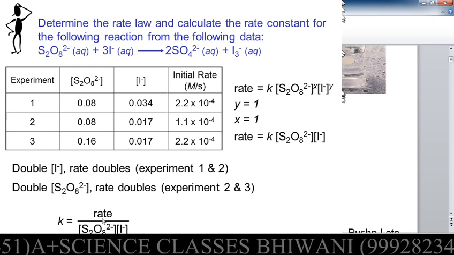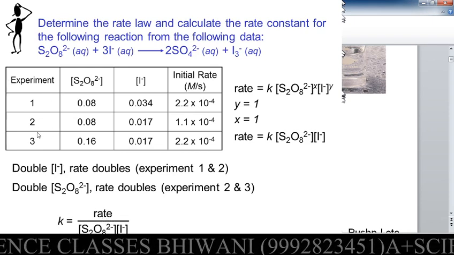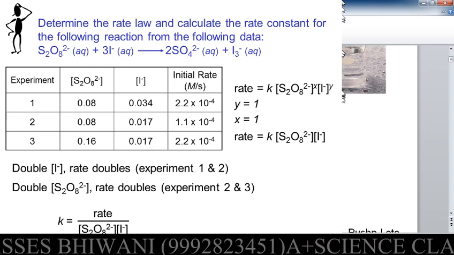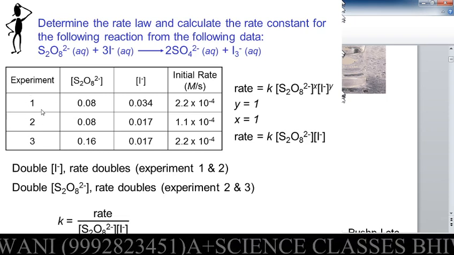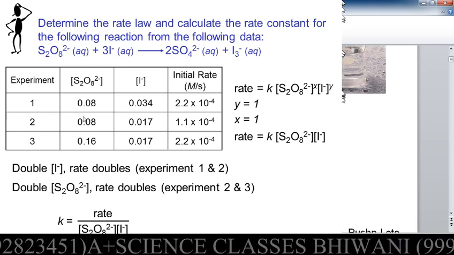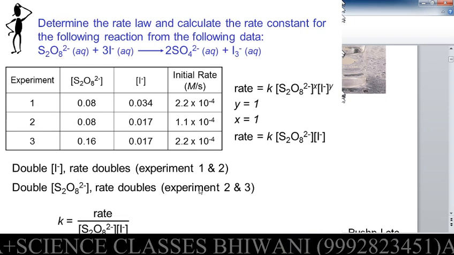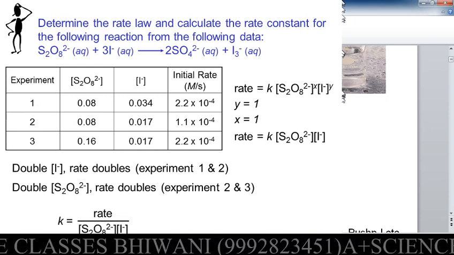Now you can find out the rate constant value for experiment number 1, 2 and 3, for any one. And you may further find that the value of these rate constants always remains constant for a particular reaction, not changing, with only minor differences, error 0.01. Is it clear?